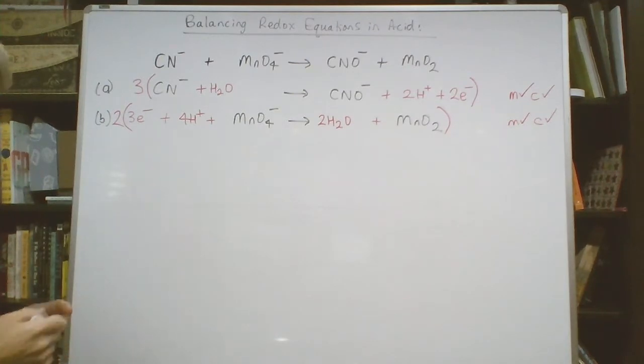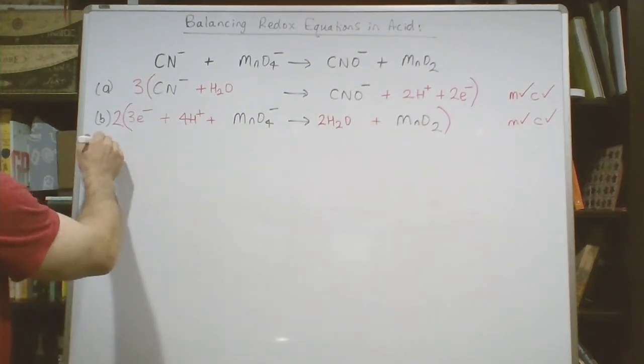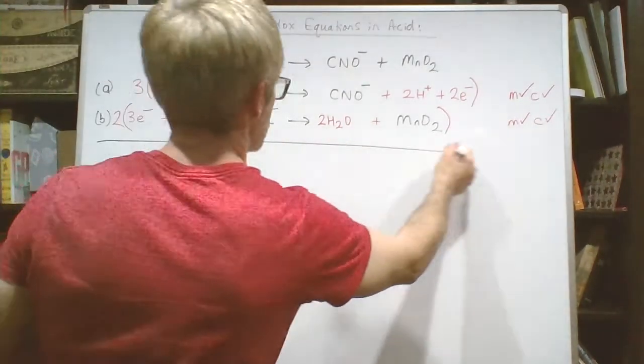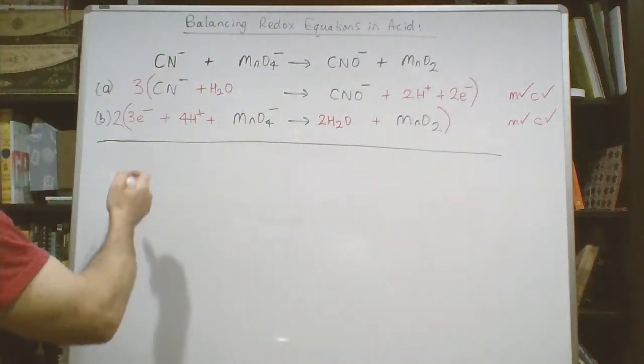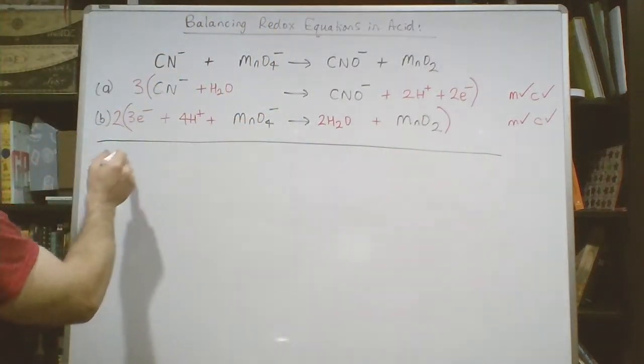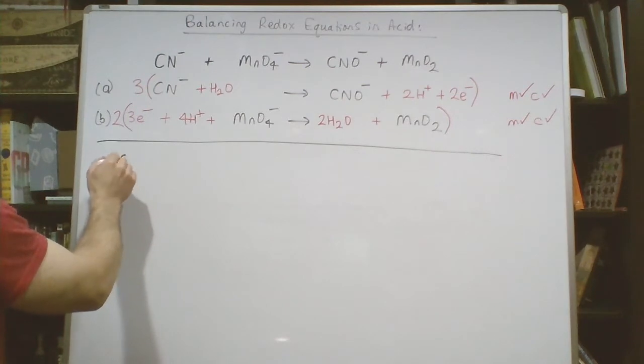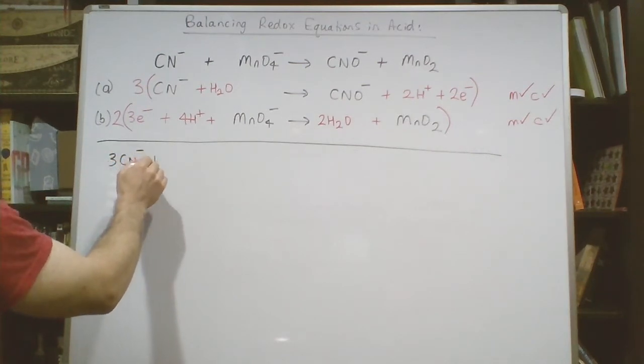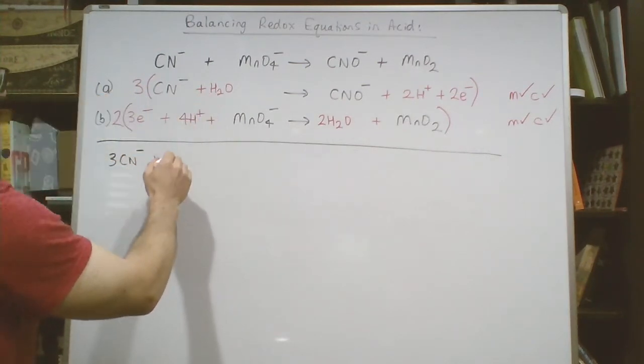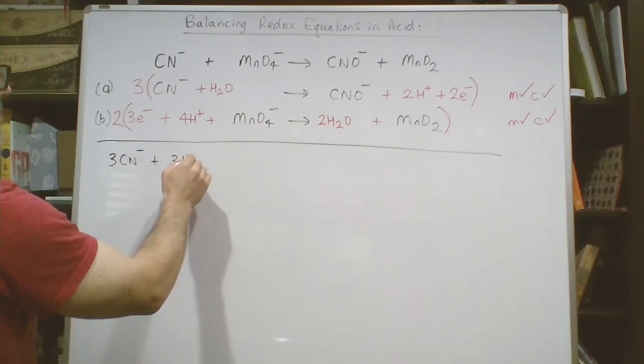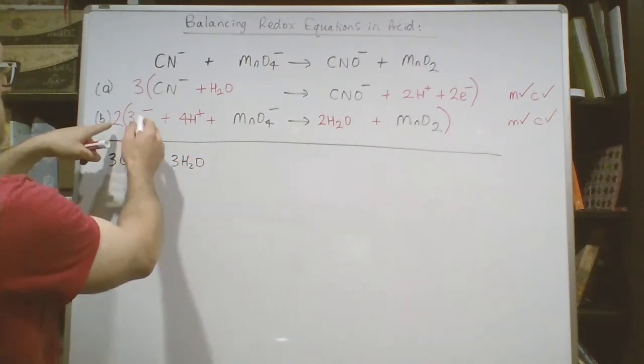So at this stage, I like to rewrite because otherwise it gets kind of busy. So I recommend writing a line and then just rewrite what you have, multiplying through by coefficients if you have them. So I have 3 CN minus and 3 lots of water. And I've got 6 electrons.